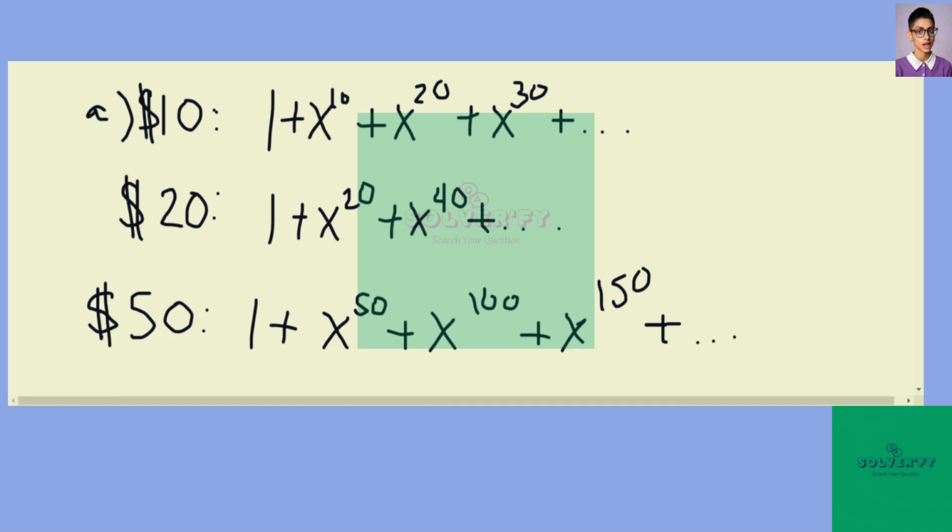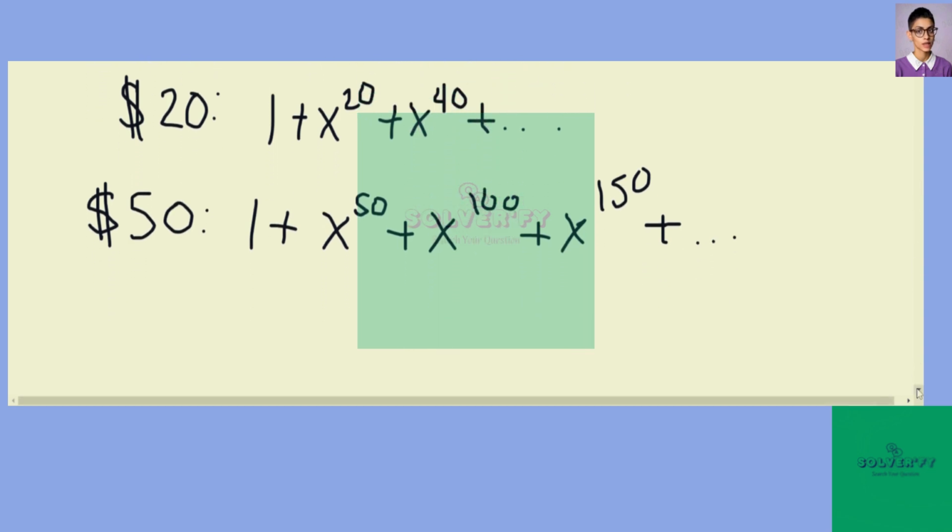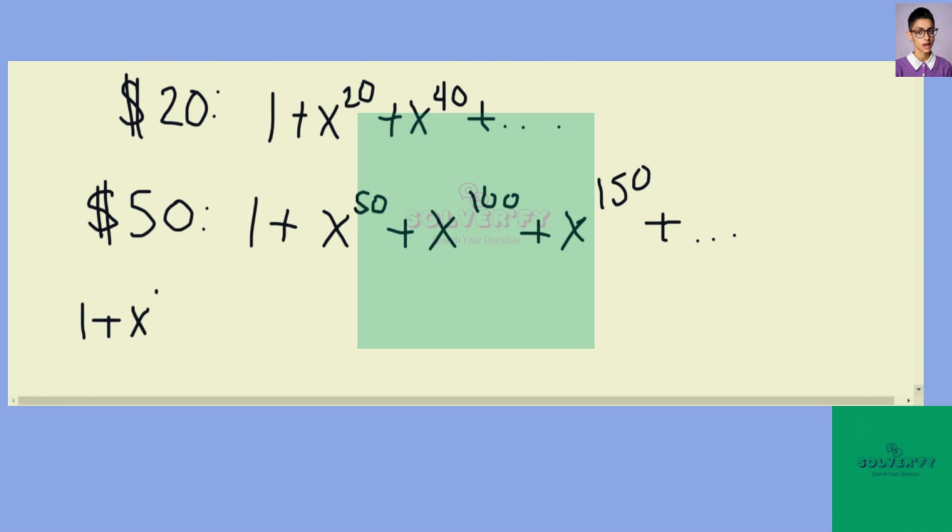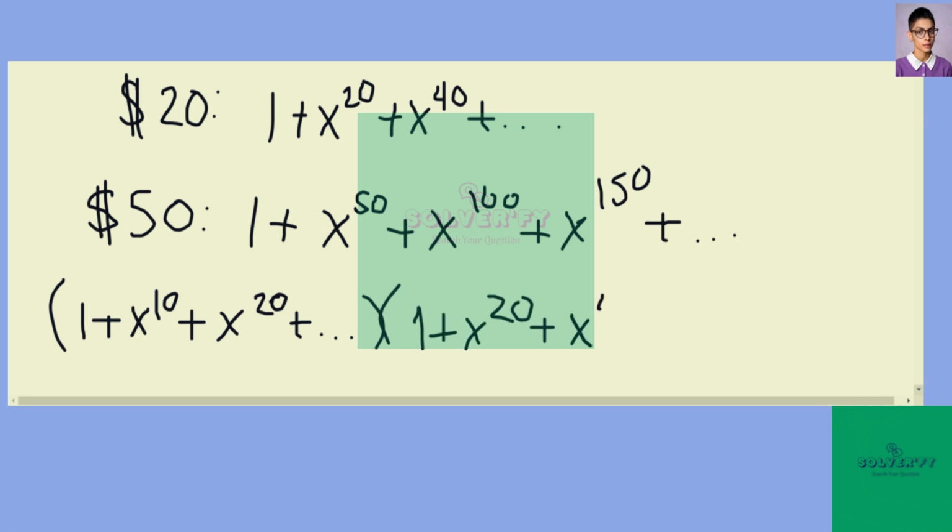And the total generating function is the product of these three generating functions, which is 1 plus x to the 10th plus x to the 20th, and so on, times 1 plus x to the 20th plus x to the 40th, and so on, times 1 plus x to the 50th plus x to the 100th, and so on.